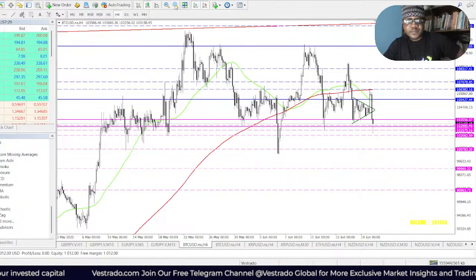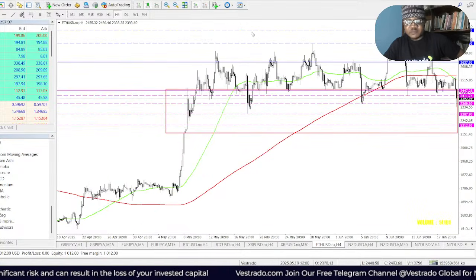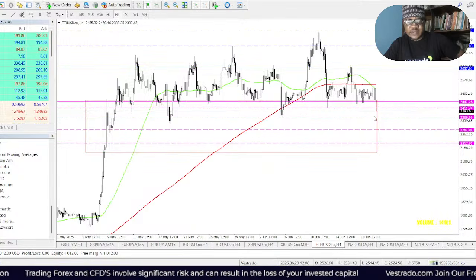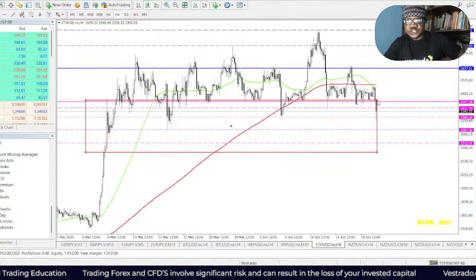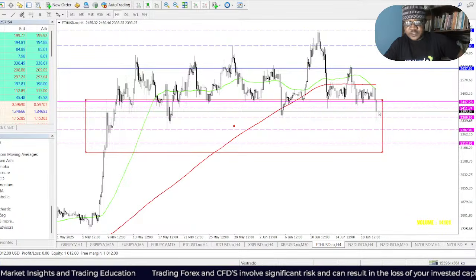Ladies and gentlemen, Bitcoin, Ethereum. We talked about the fair value gap on Facebook. We said generally it looks like it's trying to recover the fair value gap. So if price breaks below 2447.2, it's doing that right now. If I were you, I would sell. There's a good chance it's going to go below that too. 2411, which is breaking below that already here.